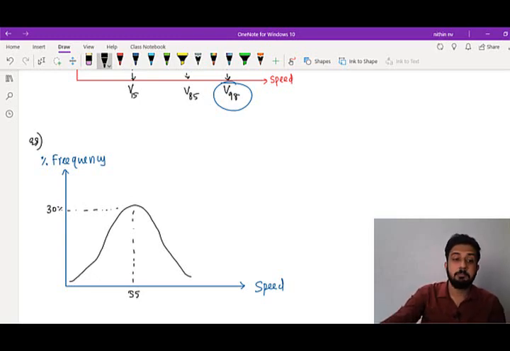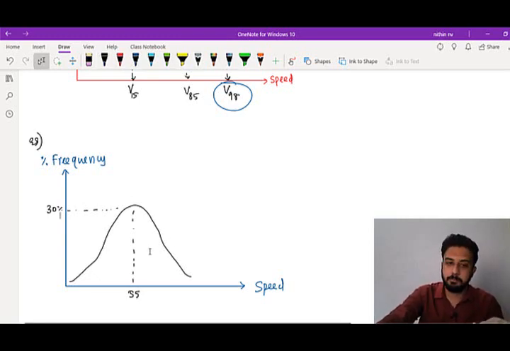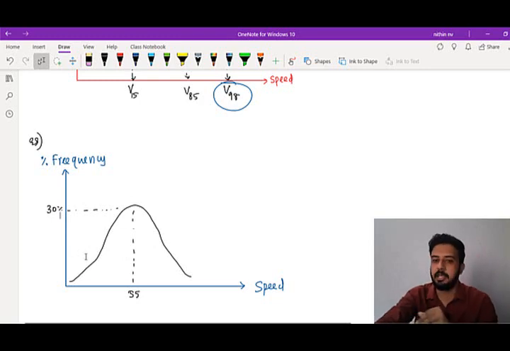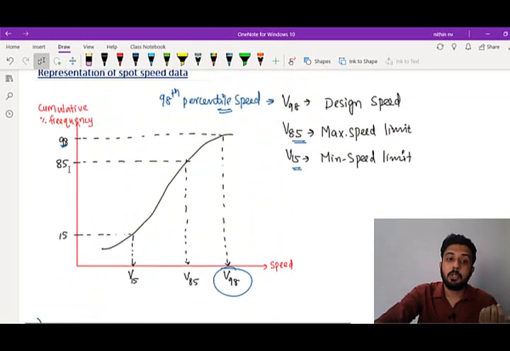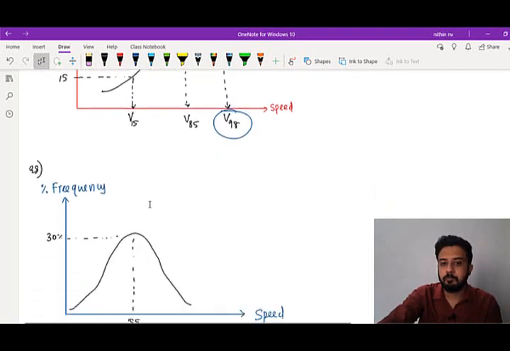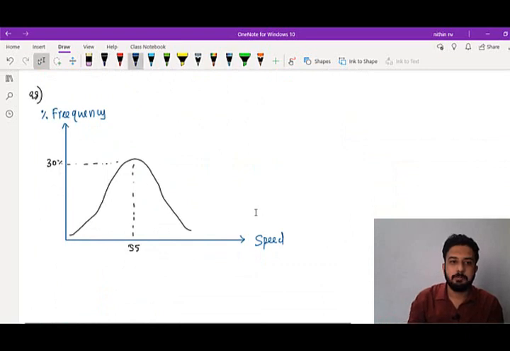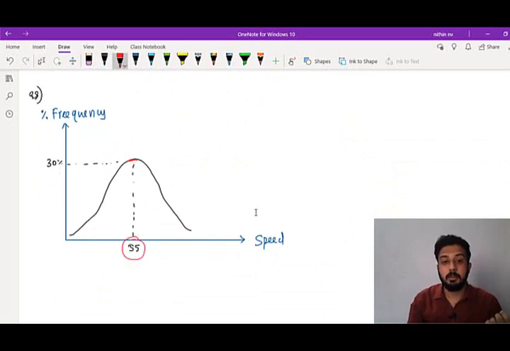Okay. So if you are taking percentage frequency and speed, you will be getting an increasing and decreasing graph. If you are taking cumulative percentage frequency, it is always an increasing graph, which is an S shape. Okay. So here, this particular speed, the speed which is occurring the maximum number of times, or maximum occurrence.